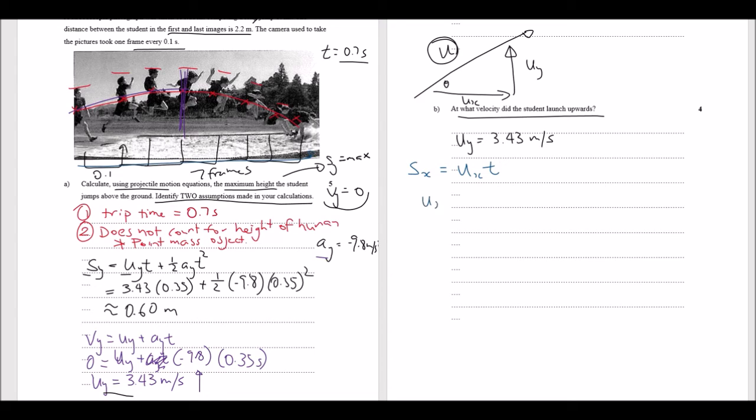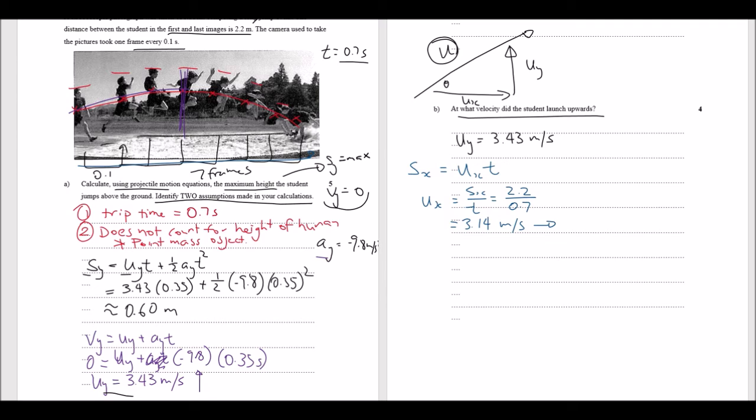So ux is going to equal displacement over time, which is 2.2 over 0.7. Okay, so if I just plug that into my calculator, I get 3.14 meters per second going in that particular direction there.